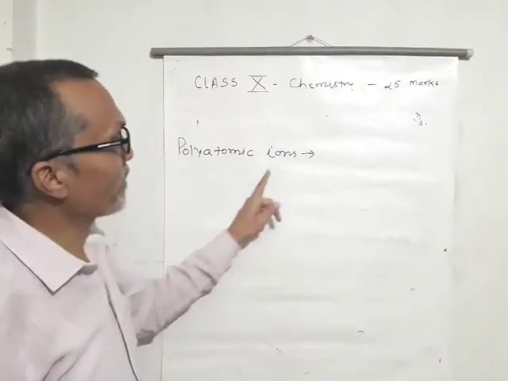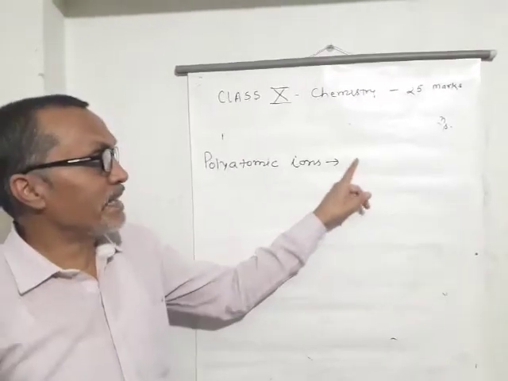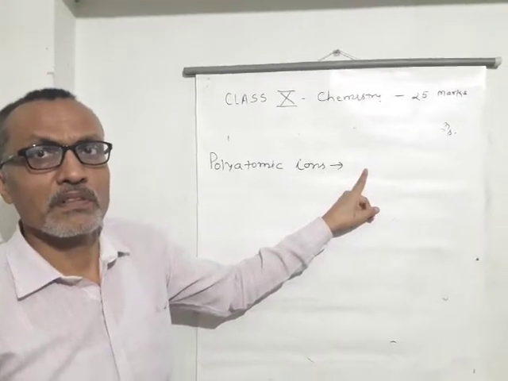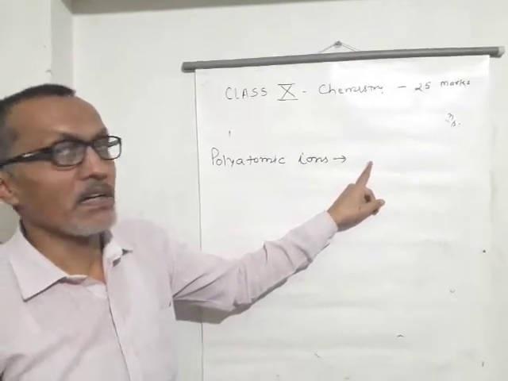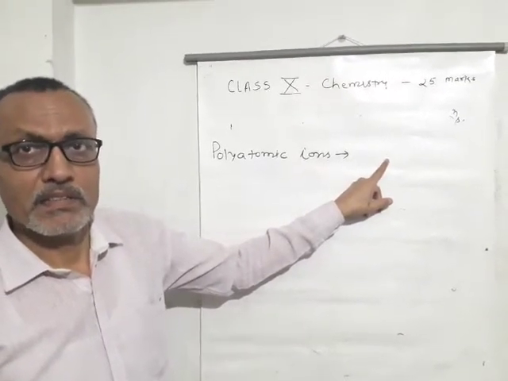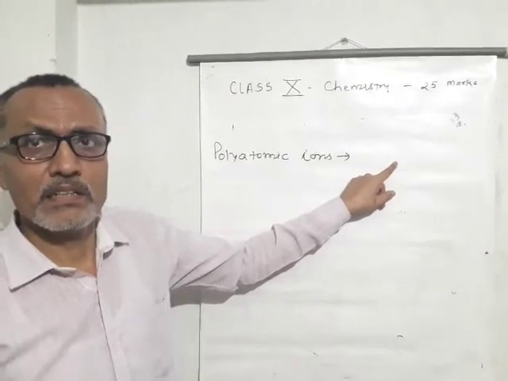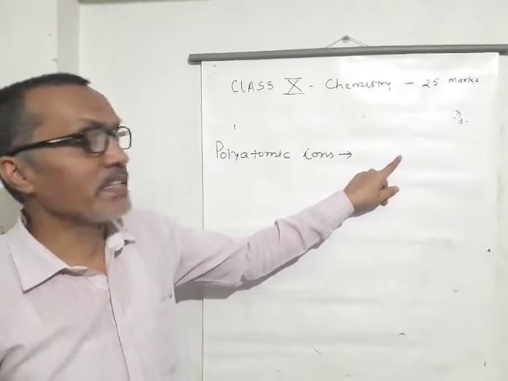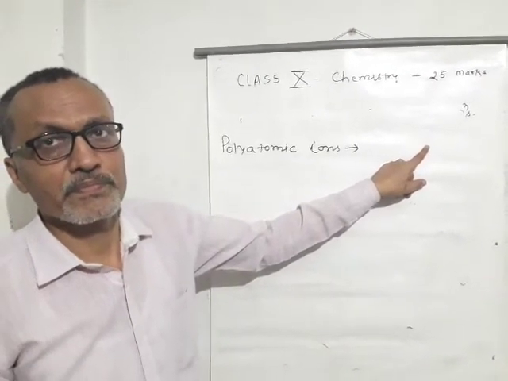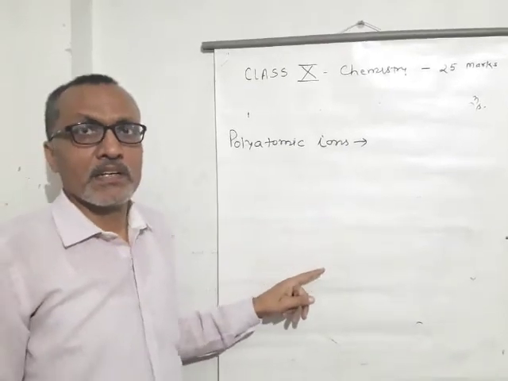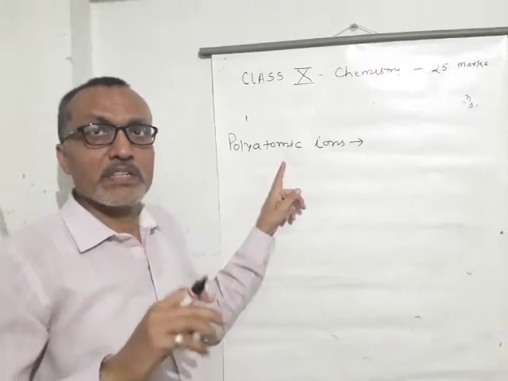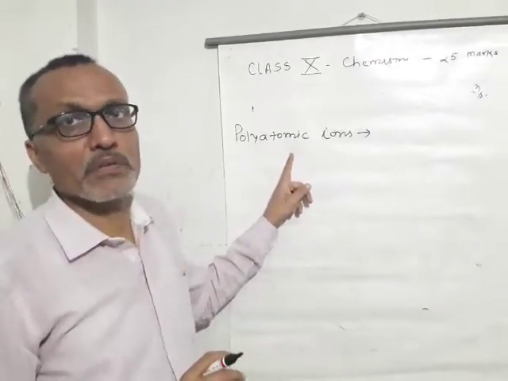Note down, they are the group of atoms having a net positive or negative charge and act as a single unit in a chemical reaction. Okay, definition completed. Now note down some important polyatomic ions which we will use here for writing chemical formula.